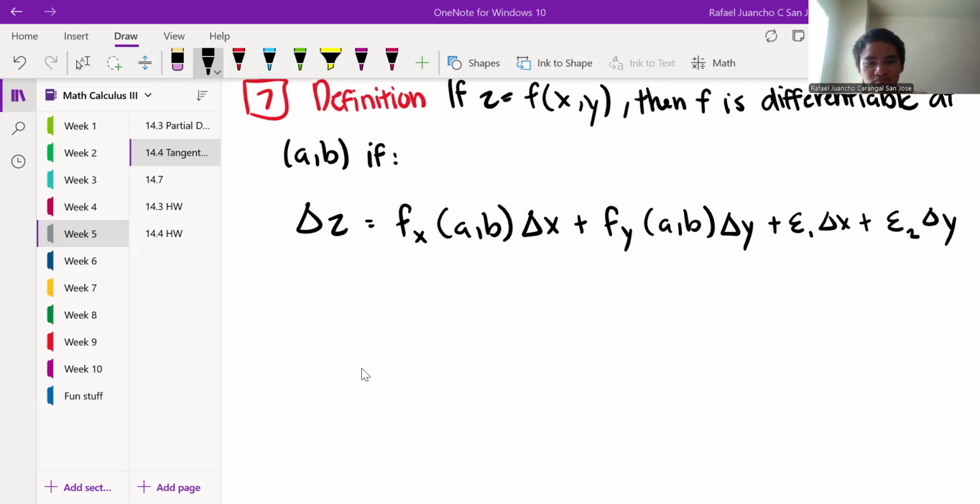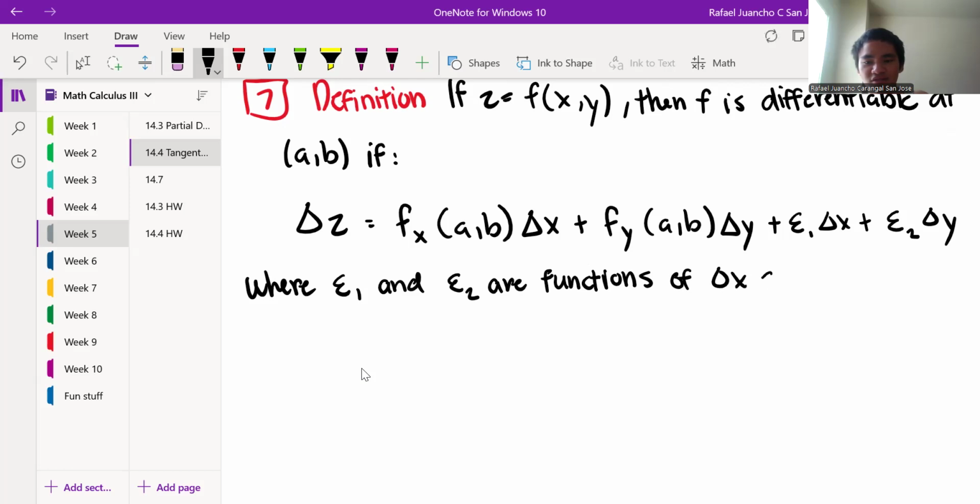So we're saying my epsilon 1 and 2 are functions of my changes in x and y. And the idea being, if we change our x and y, then my epsilons approach 0.